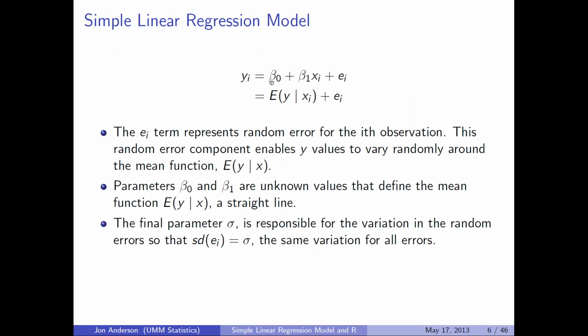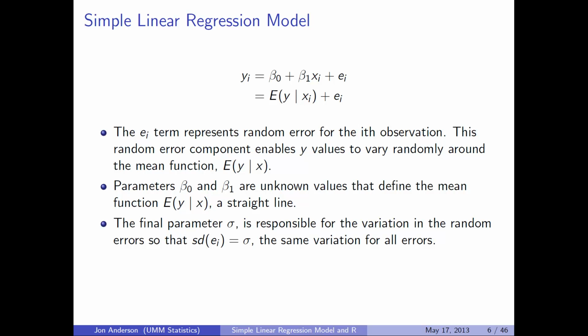And that's what's being represented here by the beta naught plus the beta 1 times the X. These first two pieces are defining the mean function. If you tell me a value of the predictor variable X, we can come up with an estimated average for what the response will be.